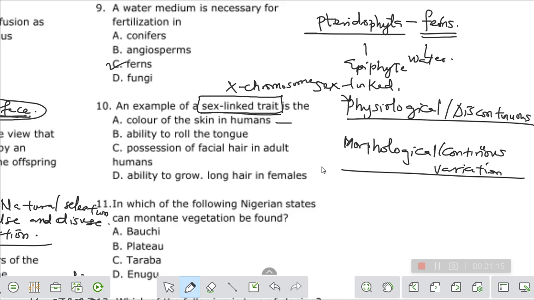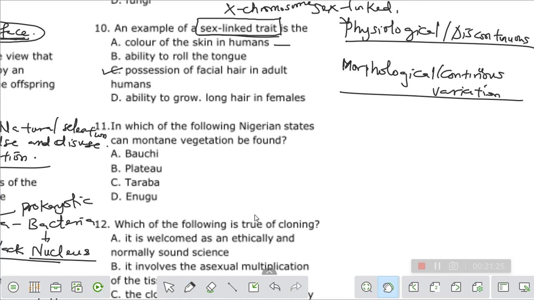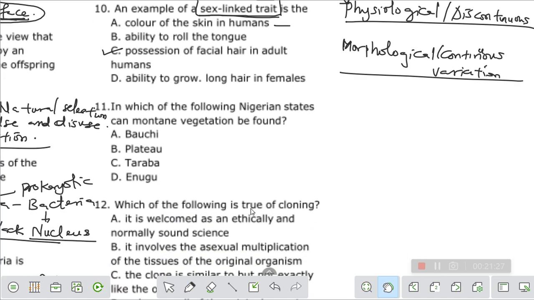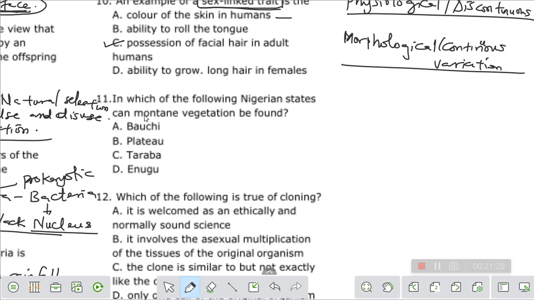In which of the following states can mountain vegetation be found? What's the meaning of mountain vegetation? In which of the following states can mountain vegetation be found?